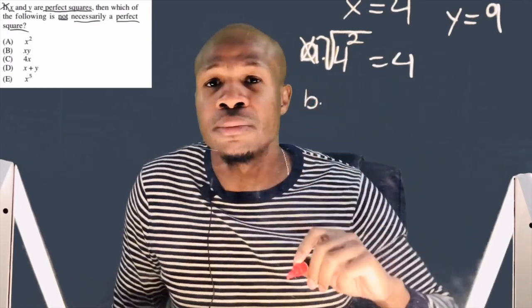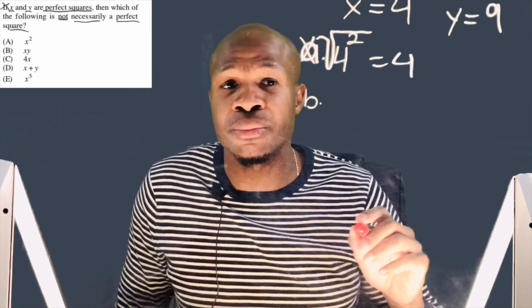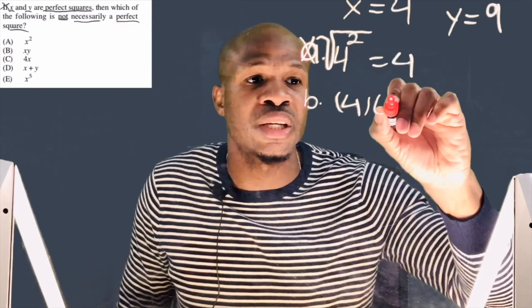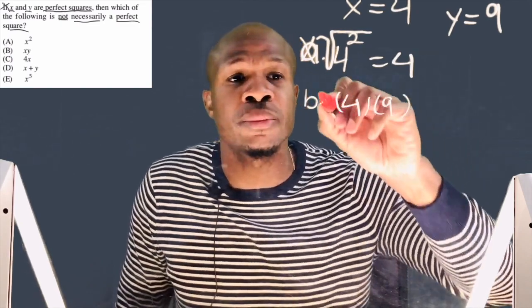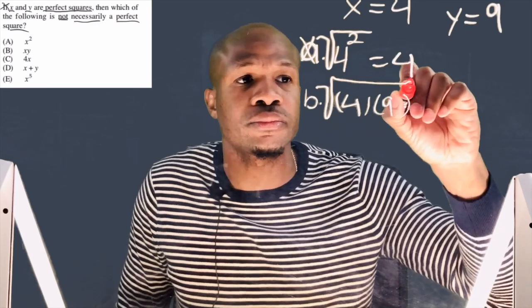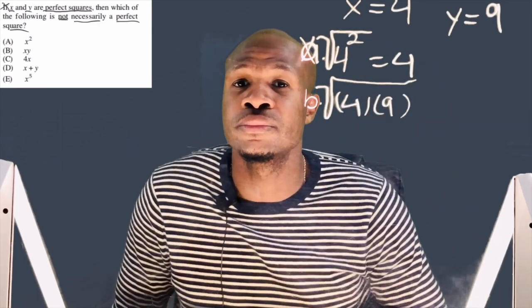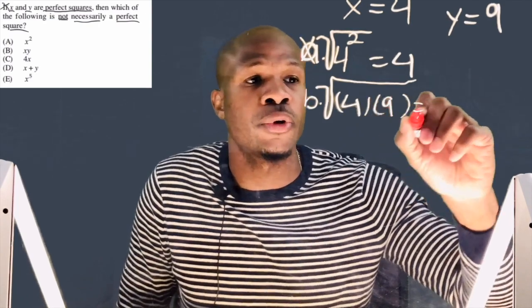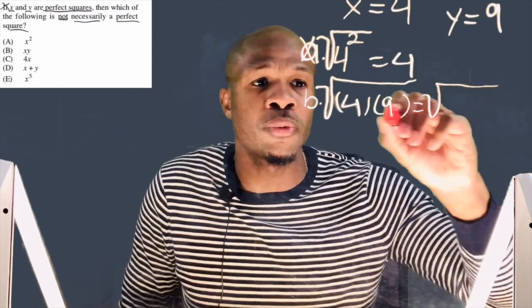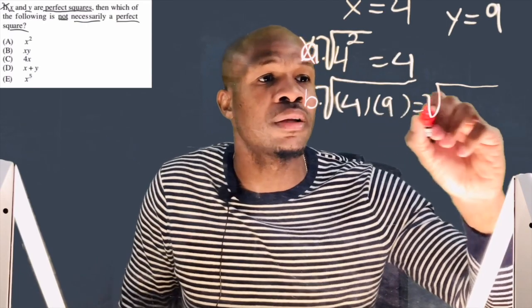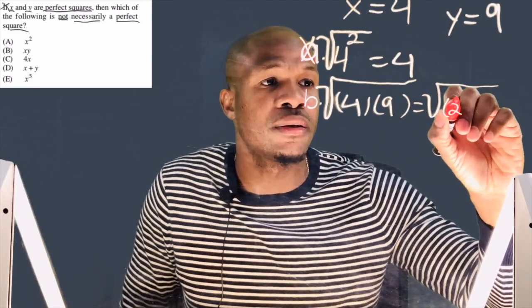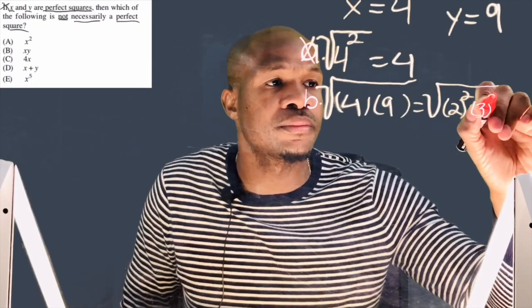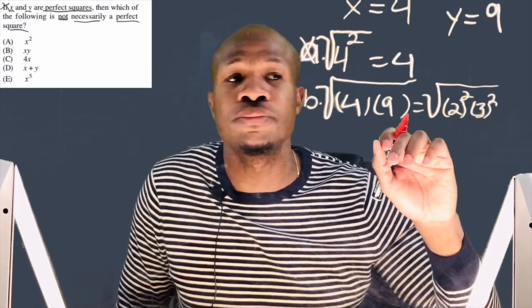Let's move on to B. B is x times y. That's 4 times 9. And I'm going to take the square root. As I take the square root, what do I get? I get the square root of, what was 4? 4 was 2 squared. And 9 is 3 squared. So now what does this equal?